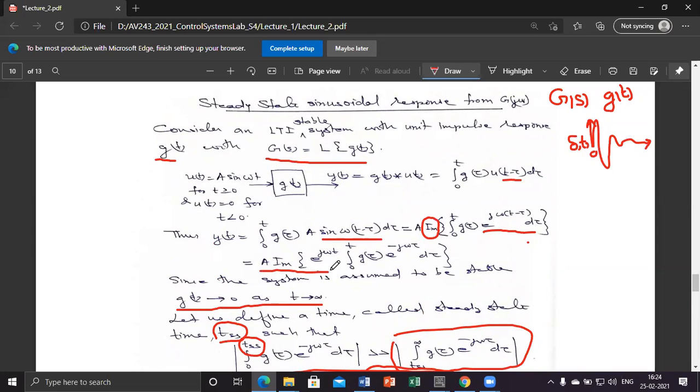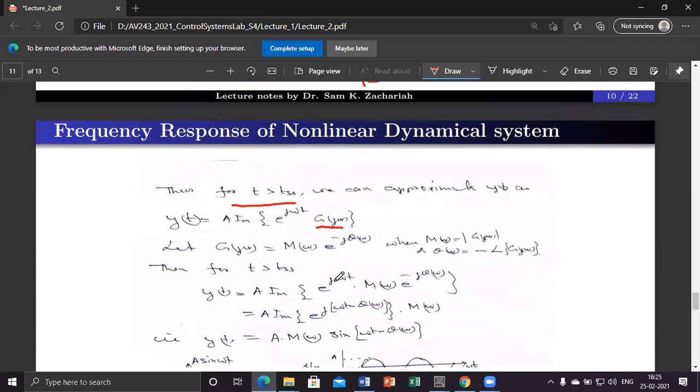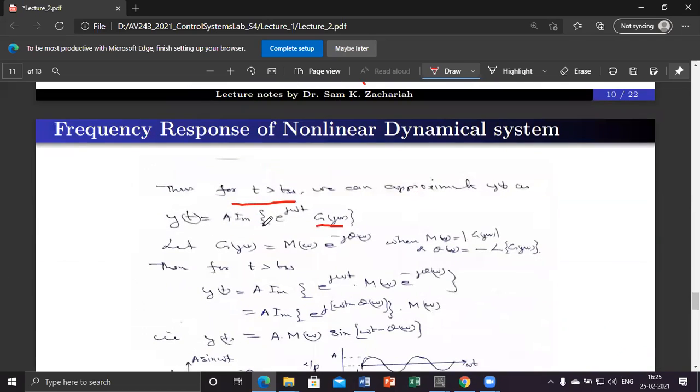But if t is greater than T_SS, we have a special value for this, which is nothing but G(j omega), so I am substituting G(j omega). So A imaginary part of e^(j omega t) G(j omega).